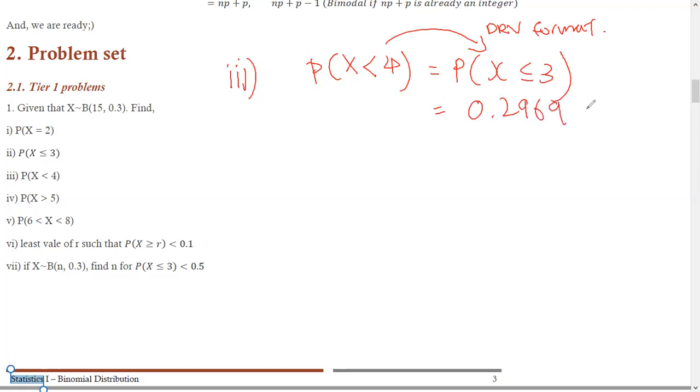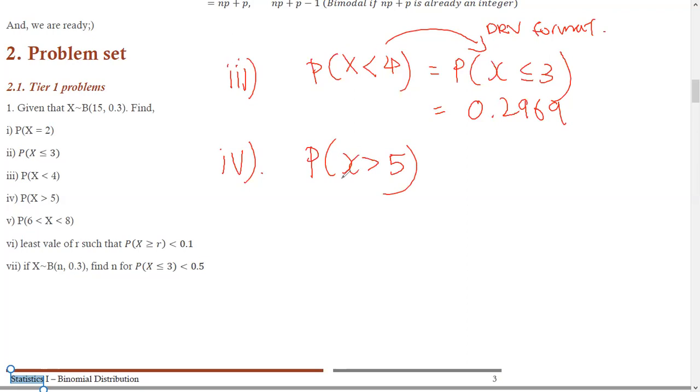Then what about other scenarios? Let's say part 4, what if I have P(X more than 5)? Clearly this is not in DRV format. Another restriction the calculator has is that it cannot calculate anything that is not in the DRV format. So we have to change it into a DRV format.